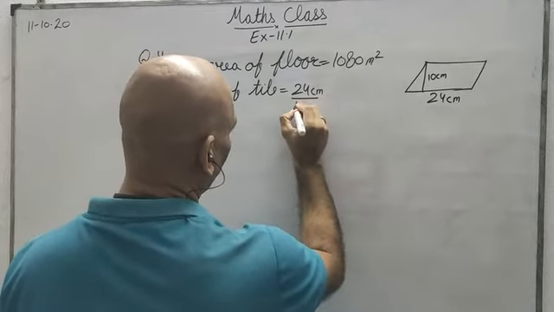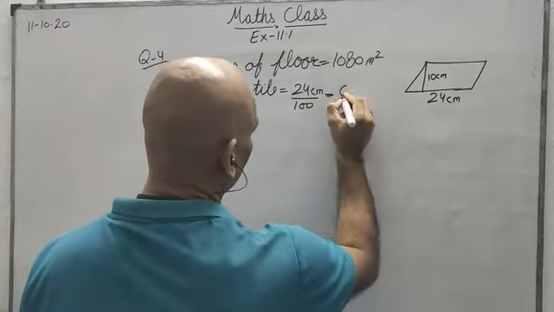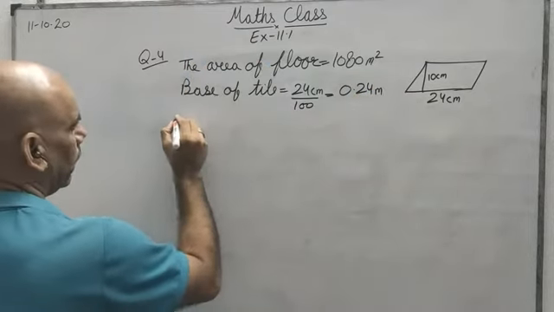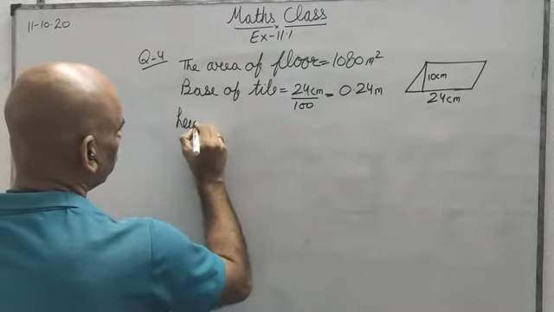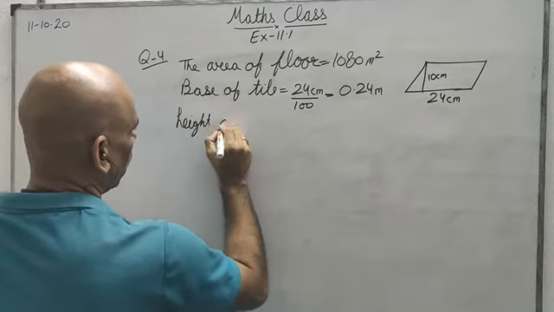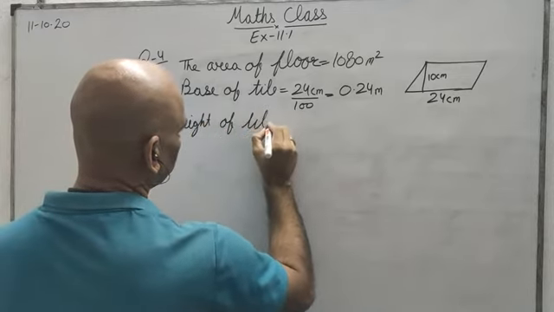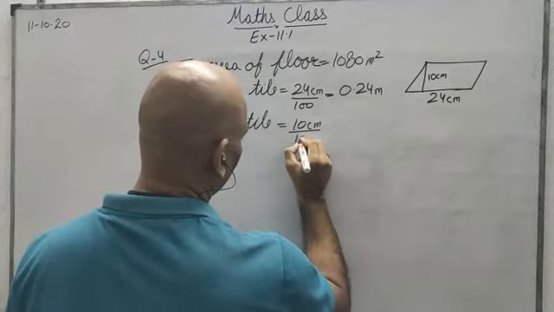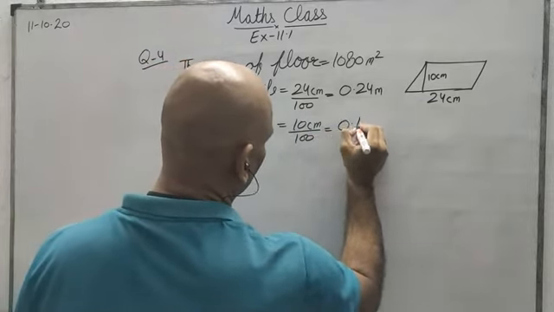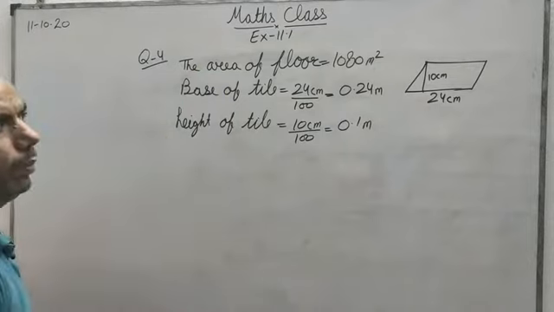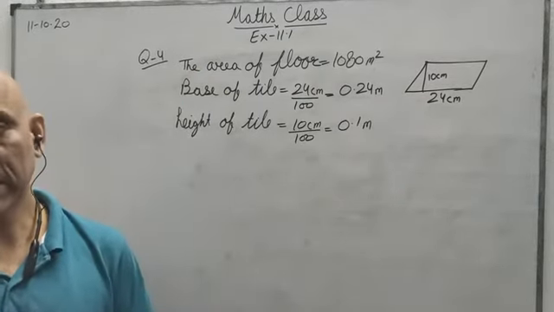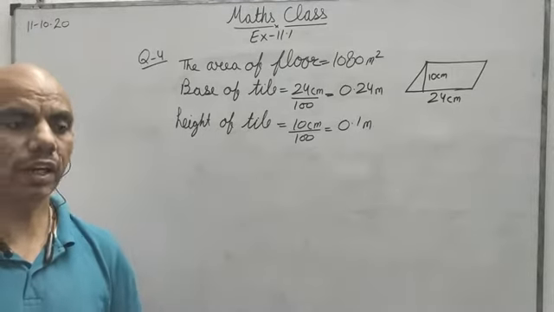I will have to convert this also into meter. So it is 0.24 meter. And height of tile is 10 centimeter. I will have to convert this also into meter. That is 0.1 meter.